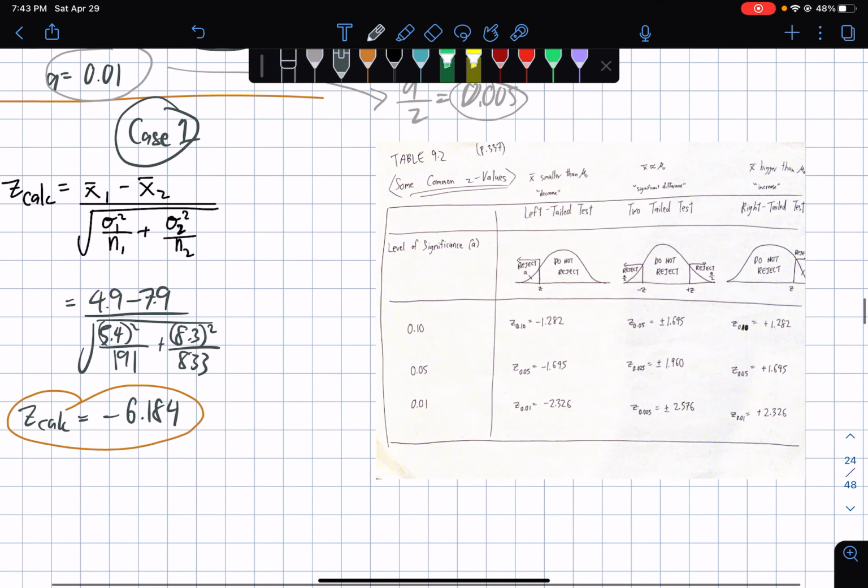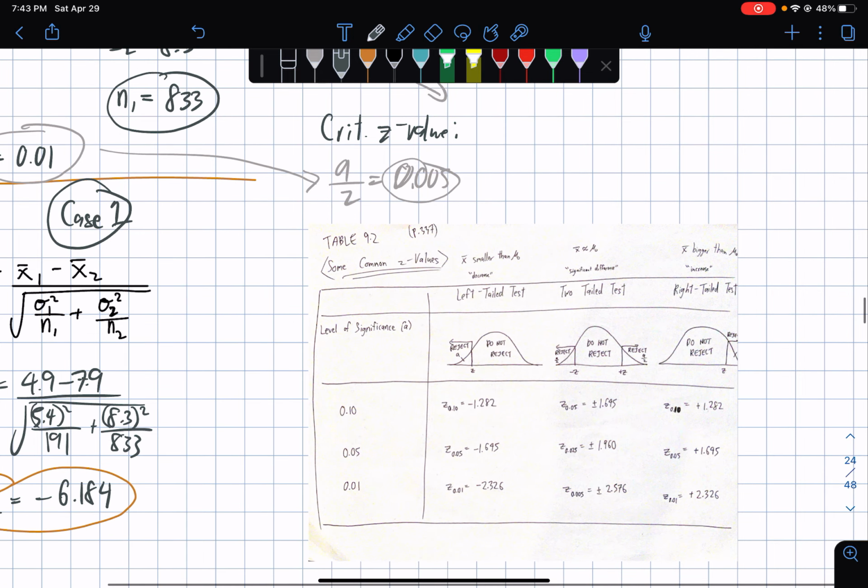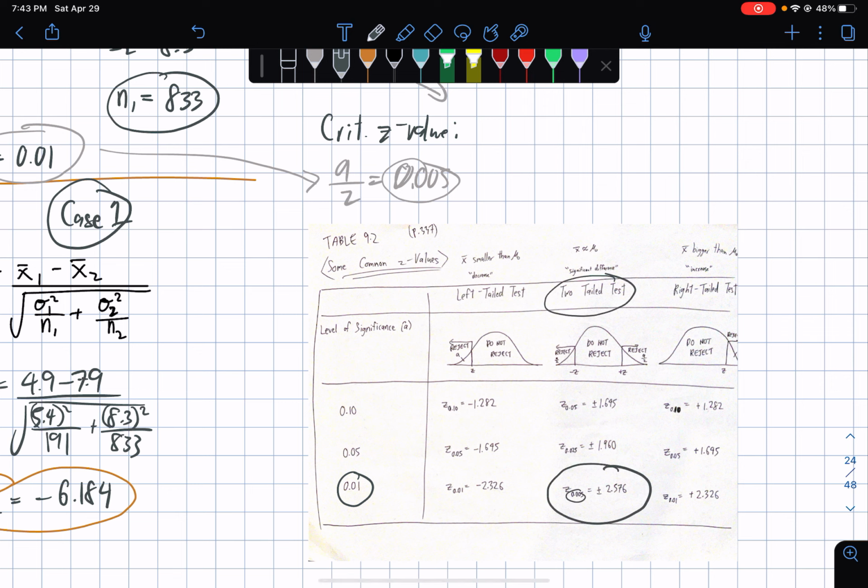And yeah, given that we have 0.01 as our level of significance, and this is a two-tailed test, this is what we use.